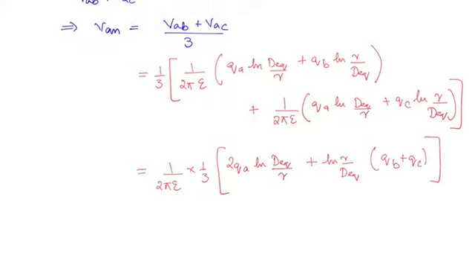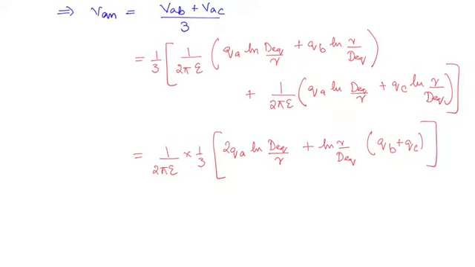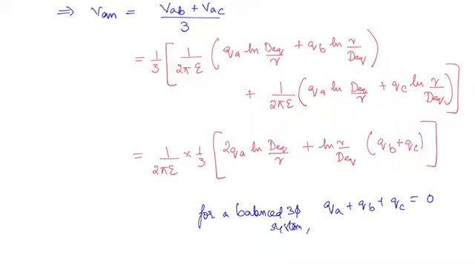Now for a balanced system, the sum of charges will be 0, okay. So QA plus QB plus QC is equal to 0 for a balanced 3-phase system, right. So this means that QB plus QC you can write as minus QA, right.